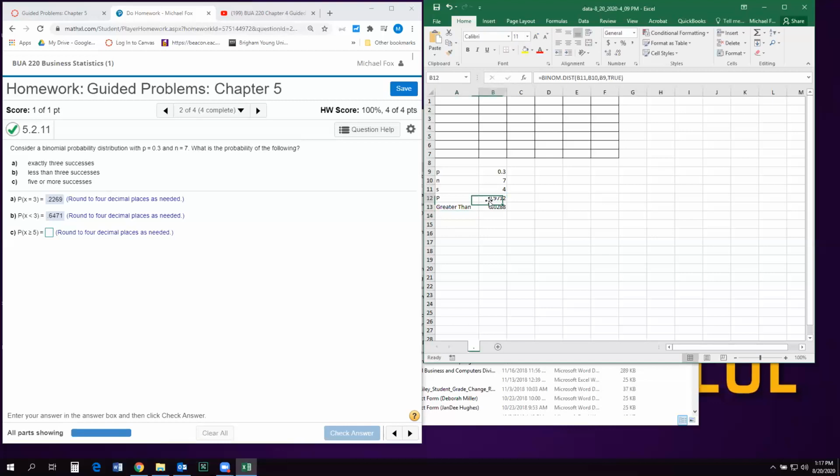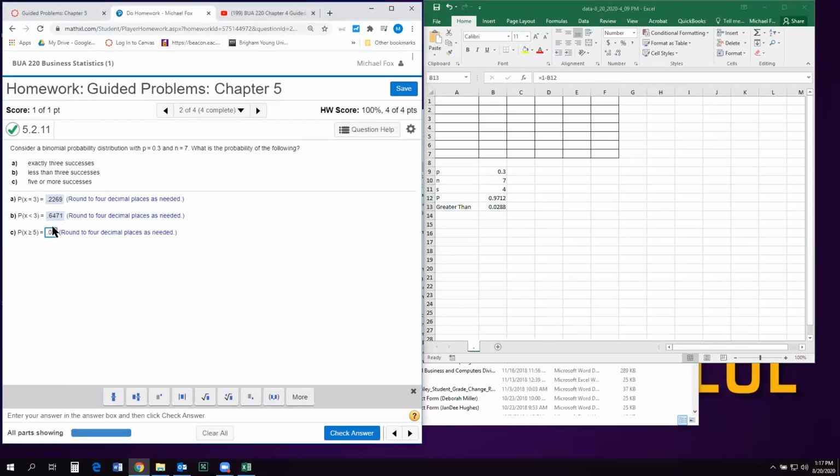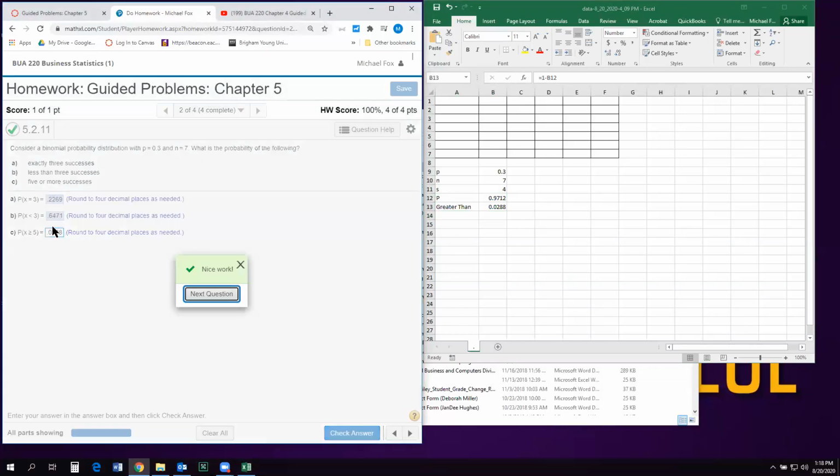In essence, if this is the probability of having 4 or fewer successes, then 1 minus that is going to be the probability of having 5 or greater successes. And there we go. So that's the second question. Let's take a look at the third question.